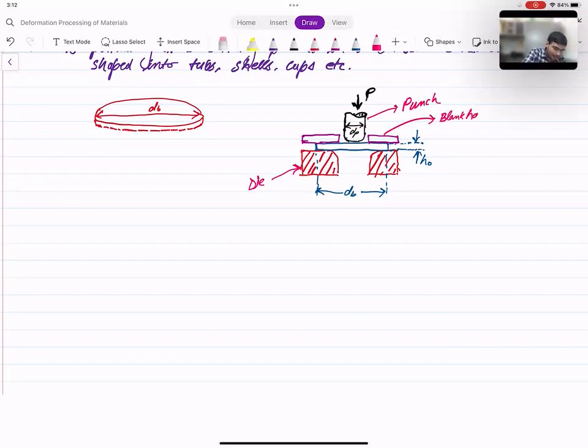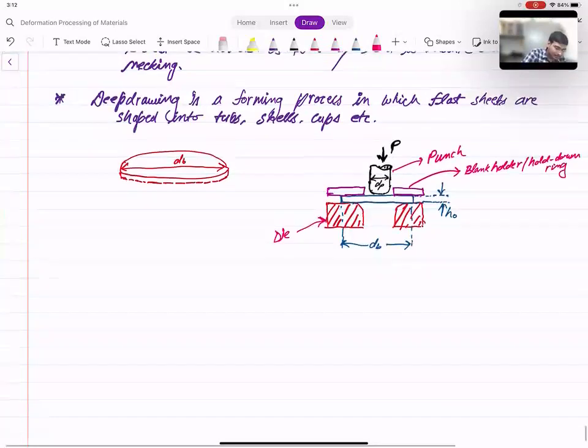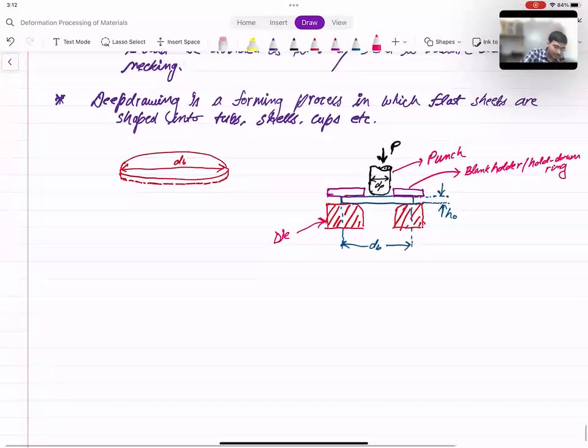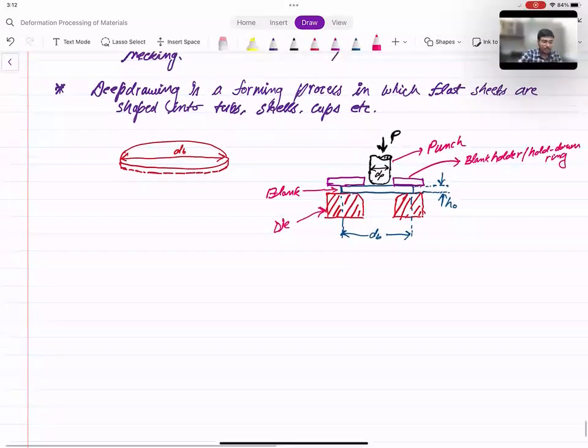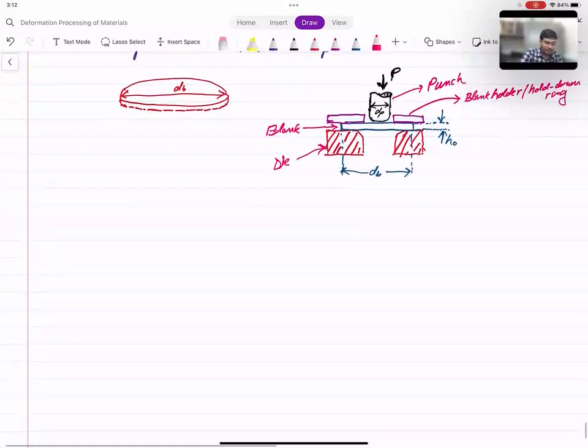Blank holder or hold down ring. Okay. This is our blank. And this is the setup for deep drawing operation. So basically deep drawing is done using this kind of setup.